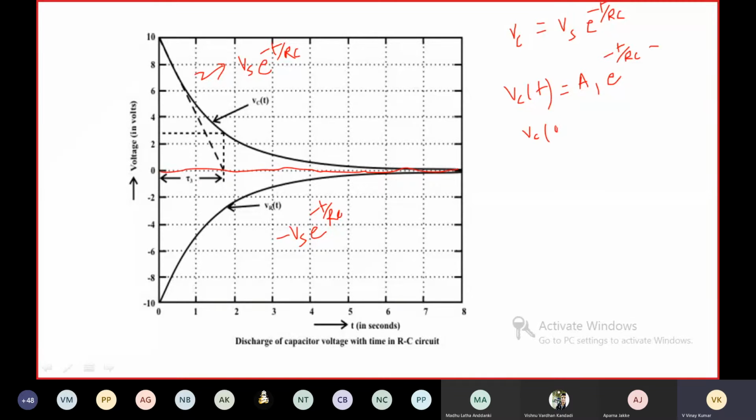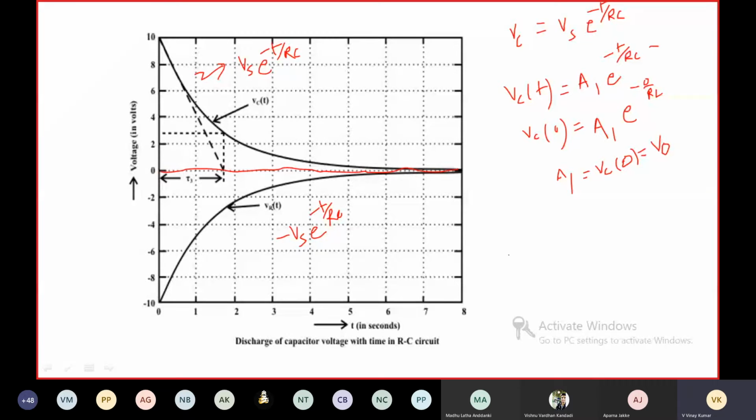Vc of 0 is equal to A1 e power minus 0 by RC. So A1 is equal to Vc of 0, otherwise we can say it is V naught.